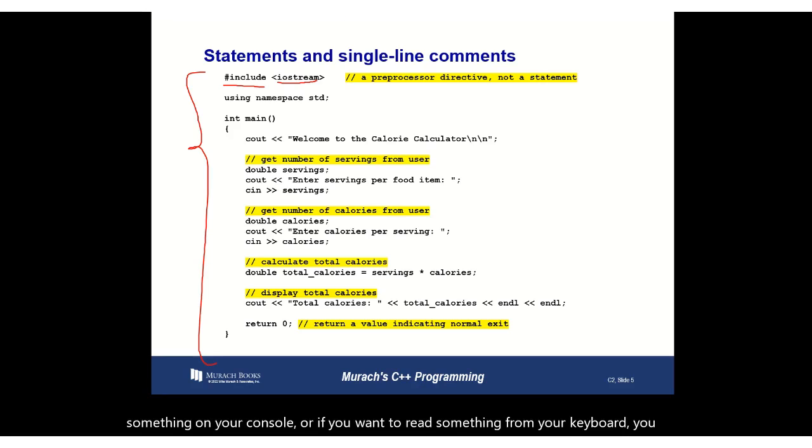So this is a preprocessor directive. When you do the include, it is a preprocessor directive. It's not a statement. So why do you use these includes? The iostream has some code inside it, right? I mean, it's a module. It can contain classes.